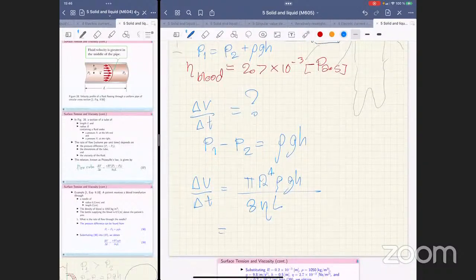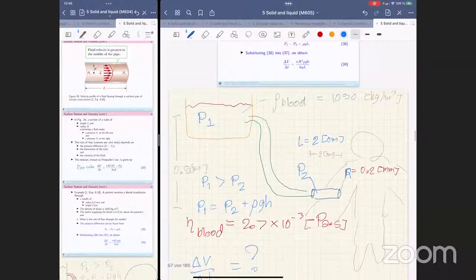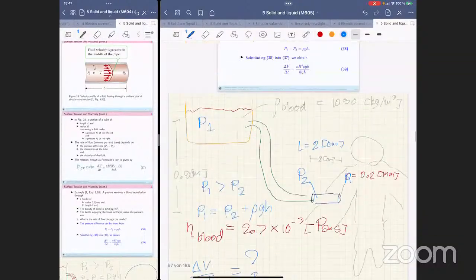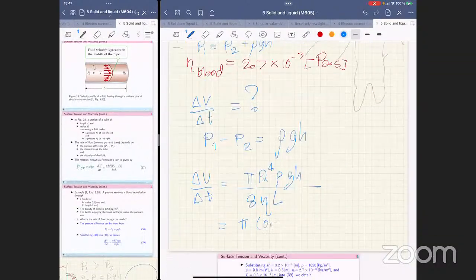And pi is pi. The radius in this case is 0.2 times 10 to the negative 3 to the power of 4. Please note that power of 4.